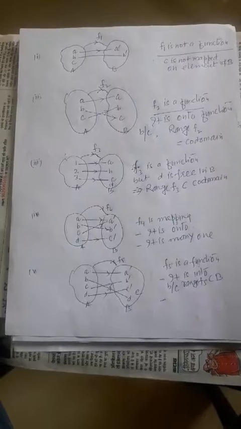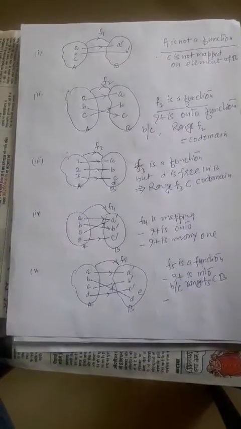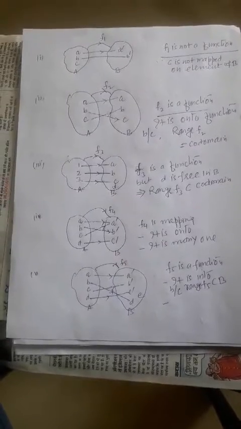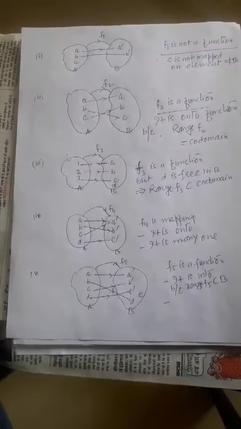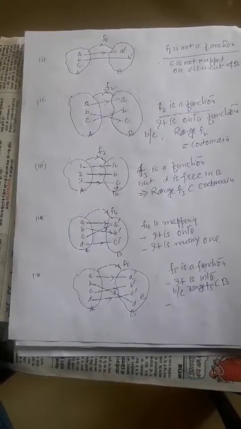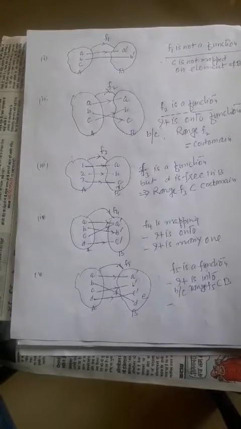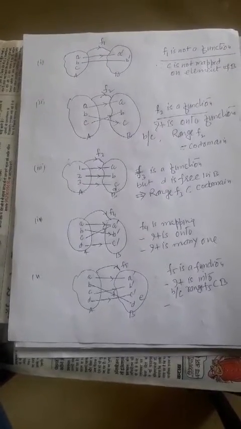Now, in the fourth, set A contains a, b, c, d elements, and set B contains a', b', c' elements. The definition of the function is fulfilled.